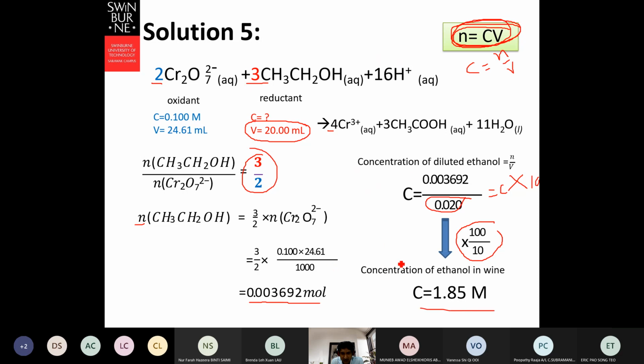So we find the concentration of ethanol in that wine sample. It will be 1.85 molar in the wine sample.